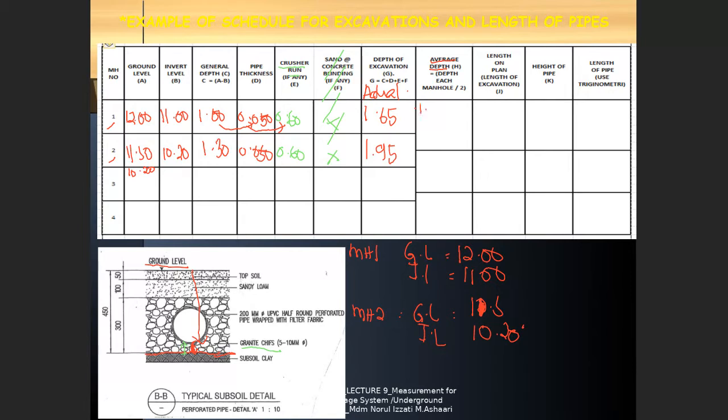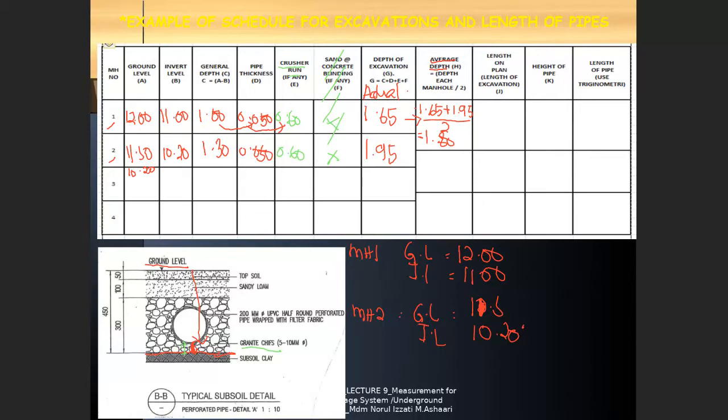You have to follow the average depth formula, 1.65 plus 1.95, then divided by 2. This one must be written. So what do you get? Plus 1.65 and divided by 2, you get 1.8. Okay, so this is the average depth.